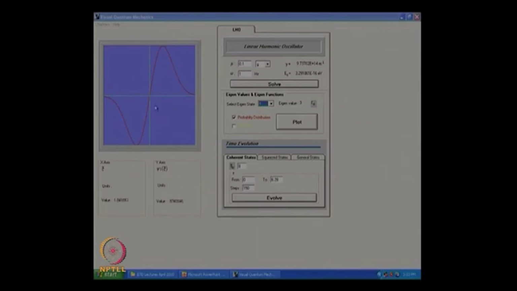The second state corresponds to n equal to 2, and the eigenvalue is 5 by 2 h cross omega.